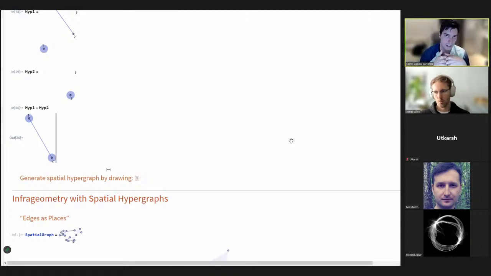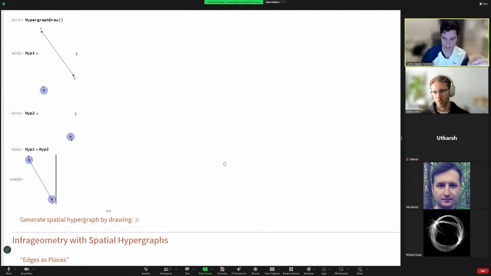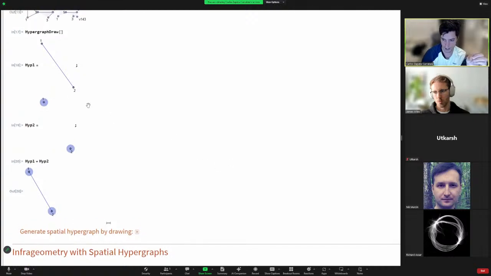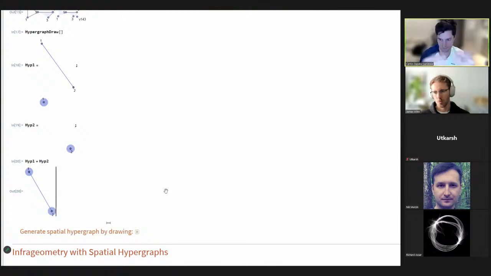So why don't we apply some rewrite rule that takes one edge from hypergraph 1 and one edge from hypergraph 2, and makes some higher arity edge out of the two? The simplest way that I'm thinking here is by kind of absorbing lower arity edges or something like that, right?